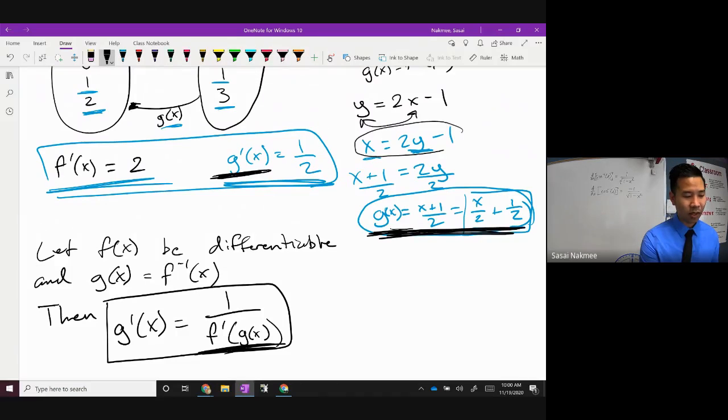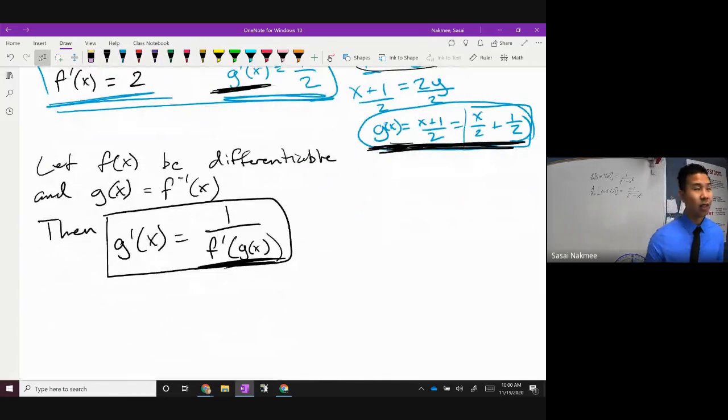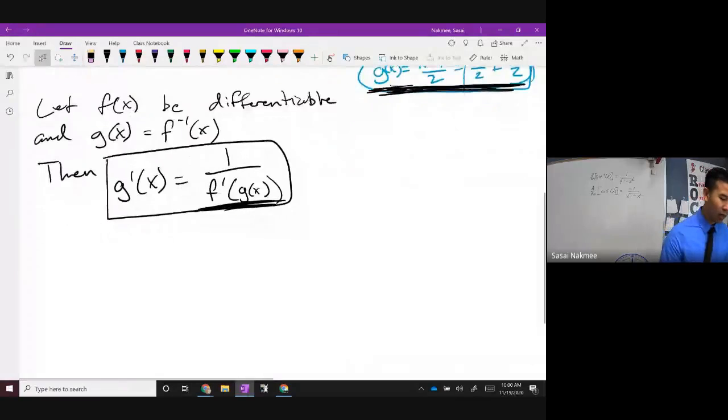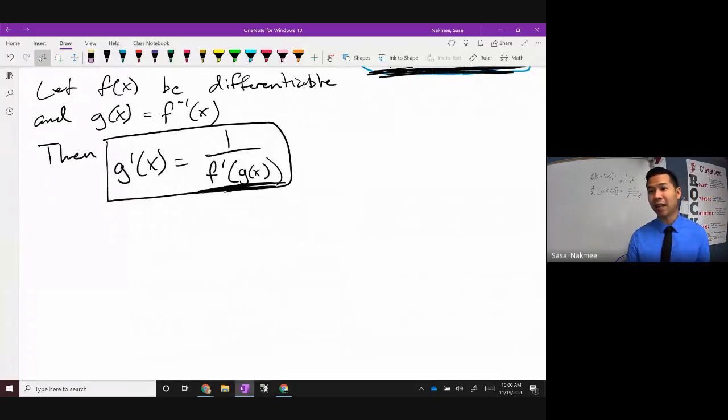This one was an easy inverse to find because you could just solve this linear problem. If you're dealing with something that's cubic or sometimes even quadratics, finding the inverse function is quite difficult, like the stuff you learned back in algebra.